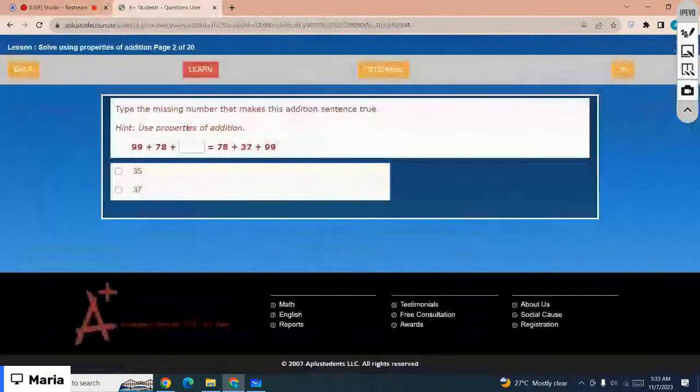Type the missing number that makes the addition sentence true. So which number is missing?